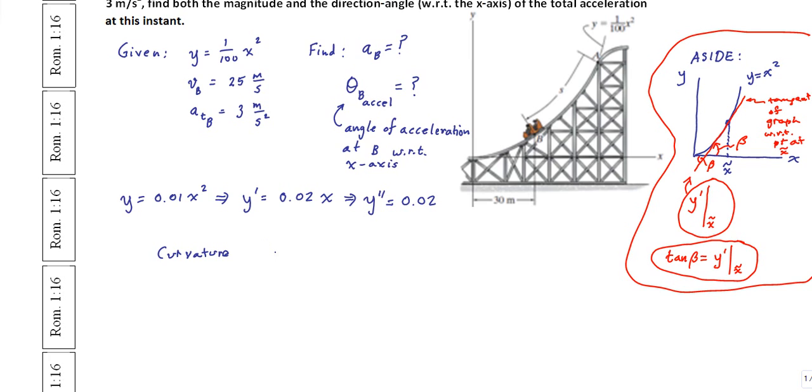And curvature is usually given the lowercase Greek letter kappa. Okay, so kappa is the absolute value of y double prime over 1 plus y prime squared, and all of that on the denominator is raised to the 3/2 power.